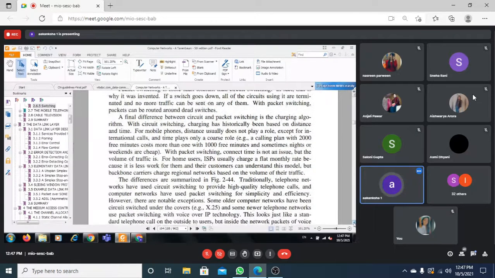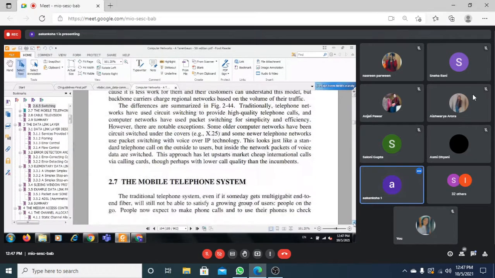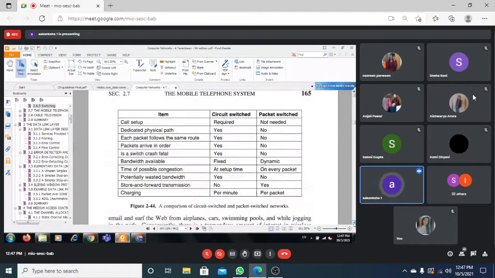So now we can see the difference between the two, circuit switching and packet switching. The call setup time: call setup is required for a circuit switch network, but for packet switch there is no call setup required. Dedicated physical path: yes, there is an exact dedicated physical path, but for packet switch there is no physical path.